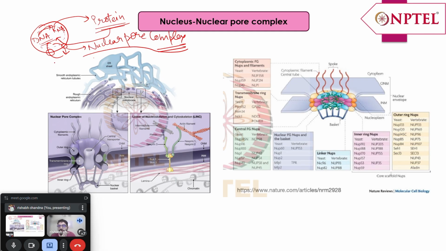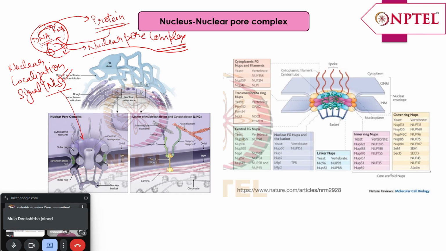The proteins that enter into the nucleus have a nuclear localization signal, which is called NLS. Any protein entering the nucleus has this particular nuclear signal, that is recognized by the transport proteins, and those proteins enter through the nuclear pore complex into the nucleus.